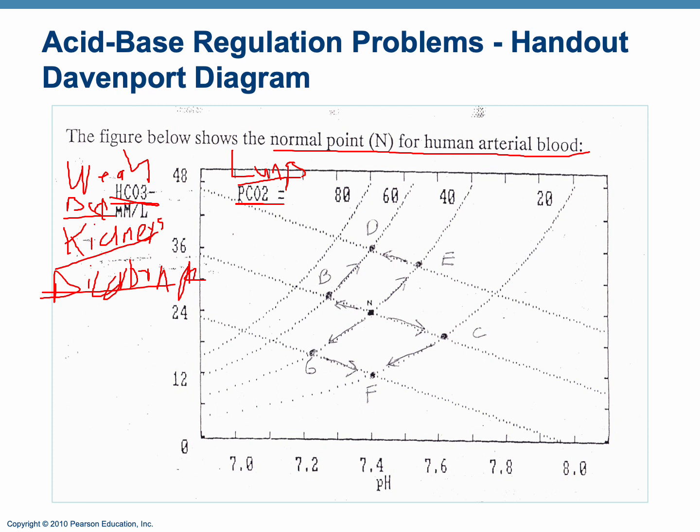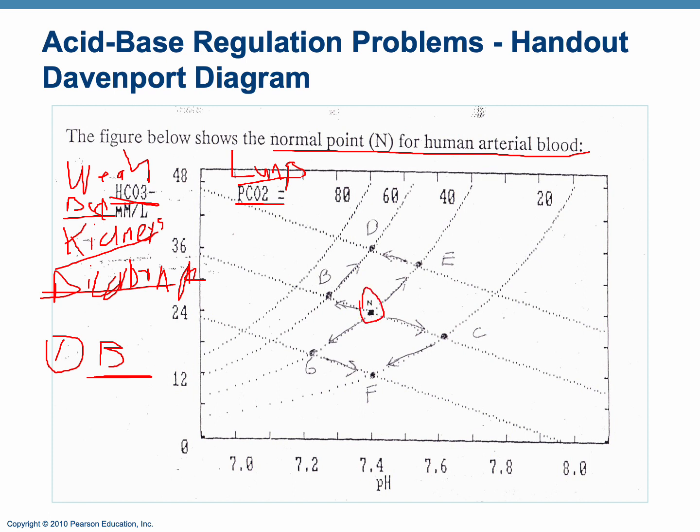Number 1, letter B. We need to look at the Davenport diagram graph and determine the acid-base state for number 1, letter B, and also list one clinical example of someone in this state. When you read this graph, you will always start at N, the normal point.